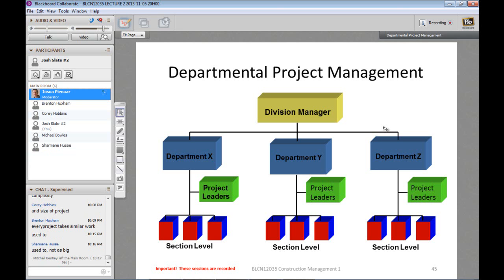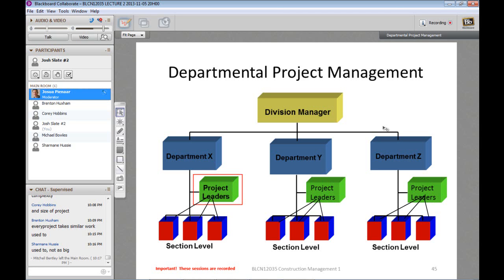There's a number of variations to this one as well, and you can see our project leaders sitting on the side there, and the project leaders are basically going to influence those guys over there. They are going to manage that process underneath. So that's an easy way of looking at the departmental project management. This one is obviously not used as frequently in Australia.